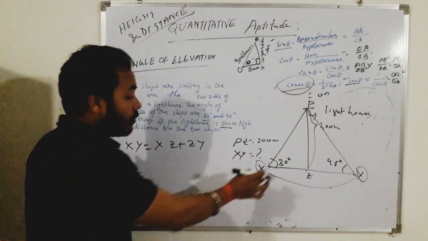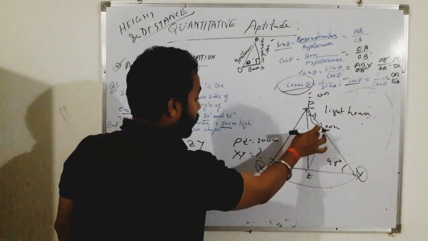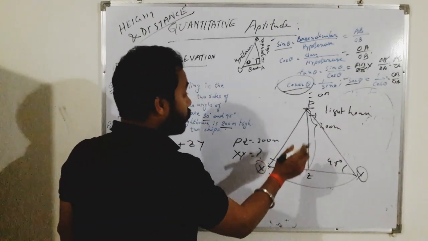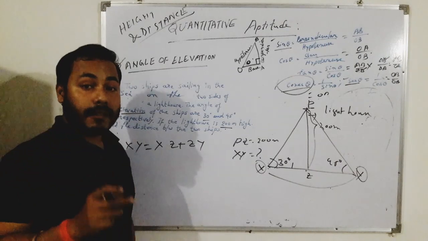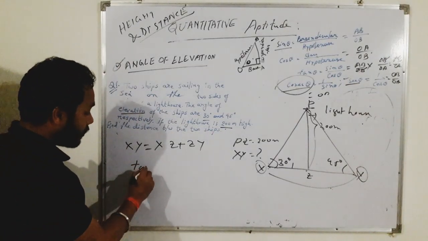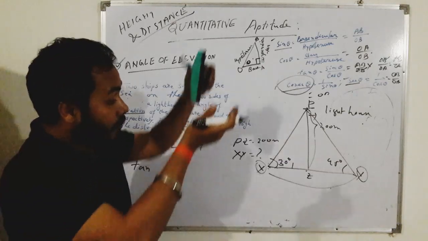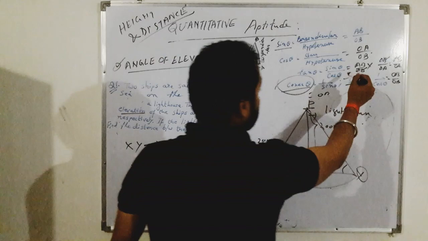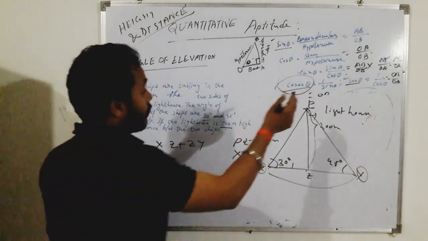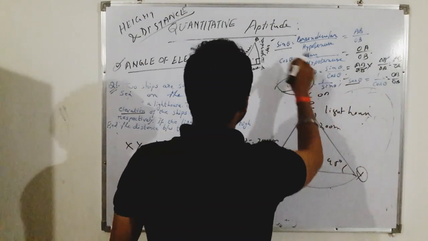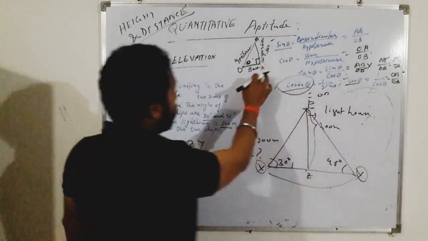Because I know this angle value and I know this perpendicular value, so I can easily find the base using some trigonometric equation, and that will be nothing but tan. As tan theta is perpendicular divided by base, just as we have discussed. Sin theta by cos theta, we found AB by OB and OB by OA, that is AB by OA. AB is our perpendicular and OA is the base.